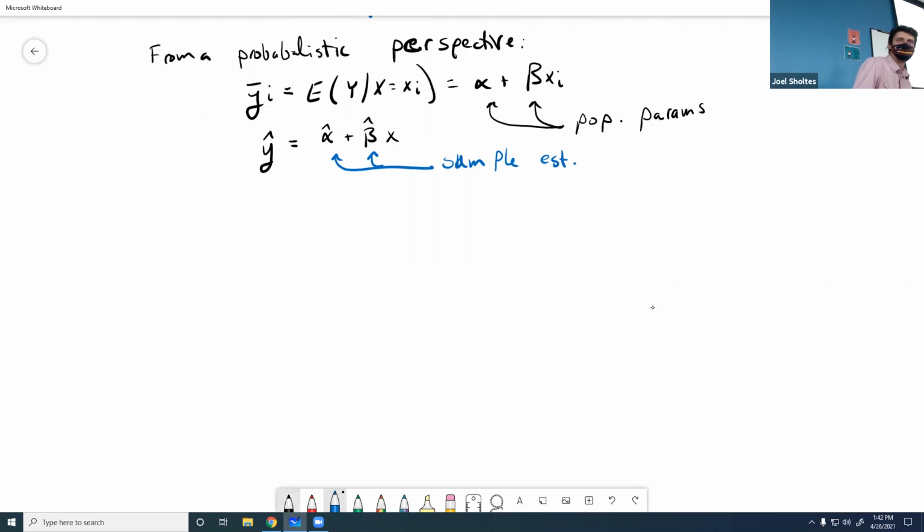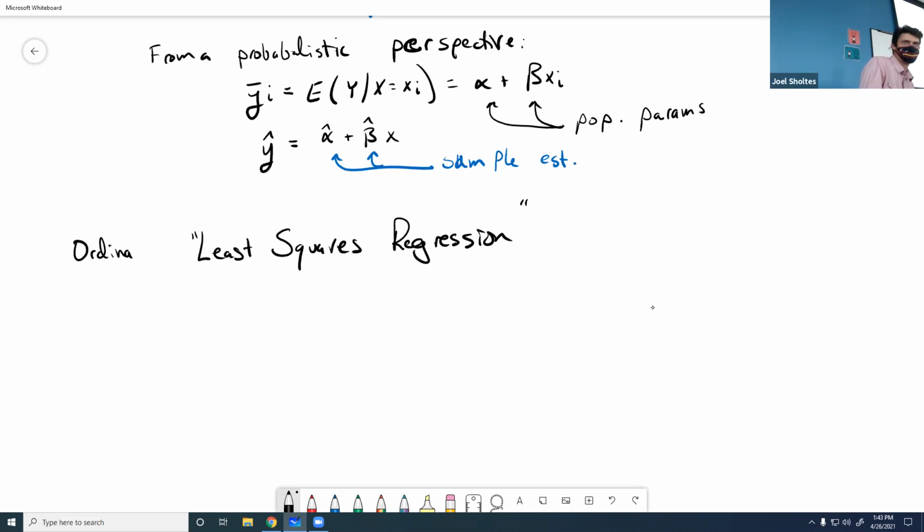Now, the standard method for doing a linear regression is what's called least squares regression. Sometimes we tack on an ordinary, often abbreviated as OLS regression, ordinary least squares regression. And it's a very straightforward formula to estimate those parameters.